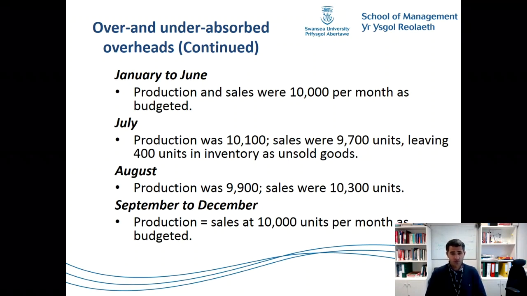So first of all, remember that the budgeted production is 10,000 units, right? But what happened here? We produced 9,900 units, so we produced less, so that's under absorbed by 100 units. Let's have a look.